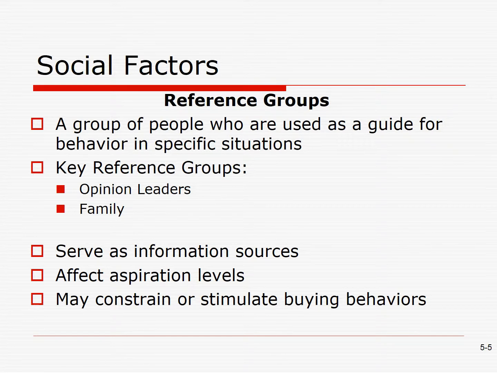But there's no way I would ever buy that because I think that my peers would think that it's ridiculous. And they would probably be right. So that would constrain my buying behavior because I wouldn't buy that because of how I think the reference groups would respond. So you can see the social impact on consumer behavior can be quite significant. And again, as marketers, we have to be aware of this.